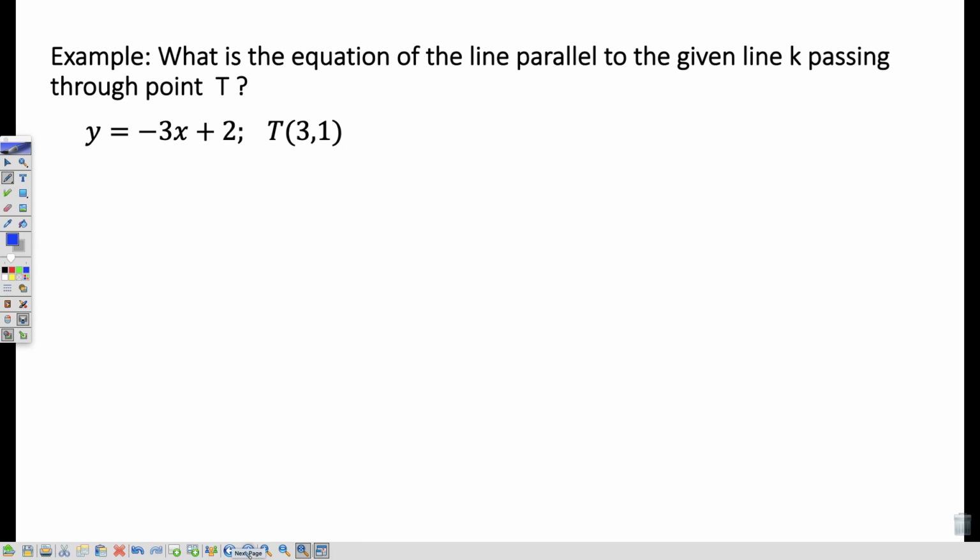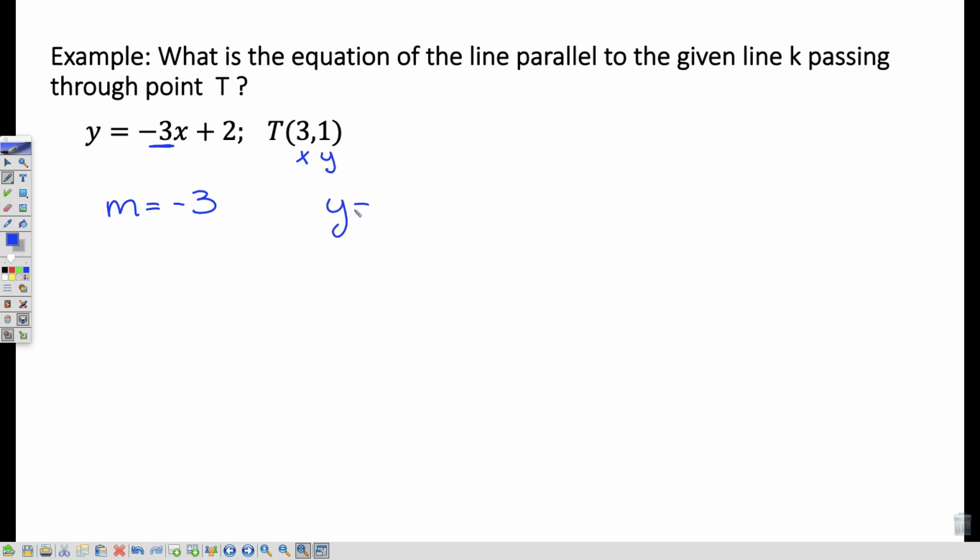Okay, what is the equation of the line that is parallel to K and passes through T? So parallel, what's my slope going to be? Nope, there's not a half. -3. The slope is always the coefficient of x, correct? So -3 is my slope, and (3, 1) is my x and y.